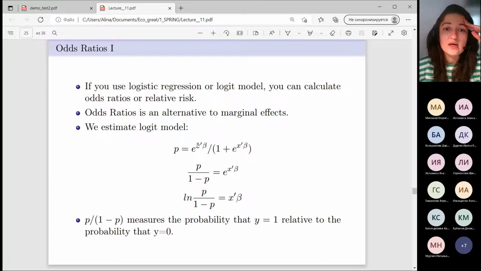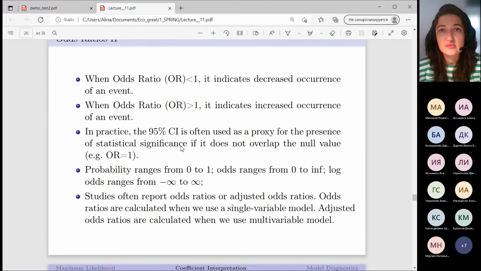So if you want to interpret after the logit model in terms not of the marginal effects but in terms of odds ratios, you can add a specific option after the logit model, the or option.